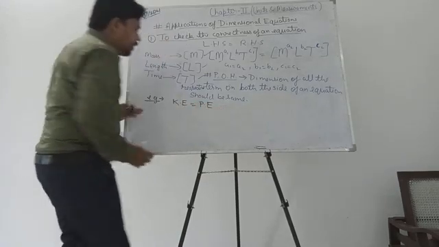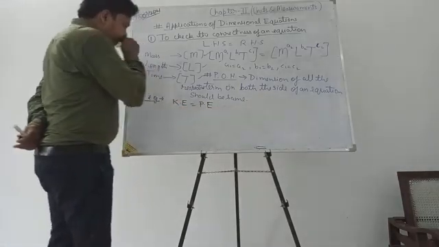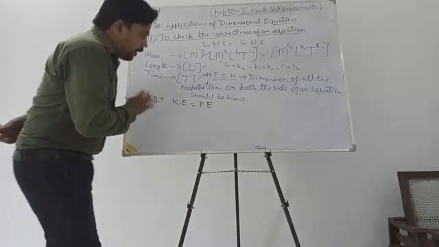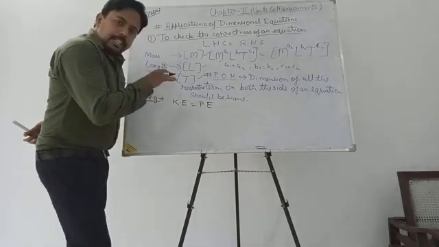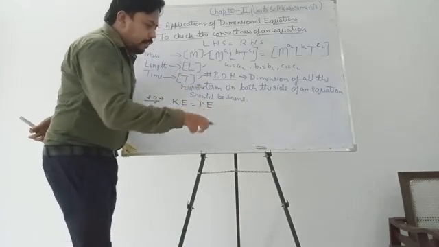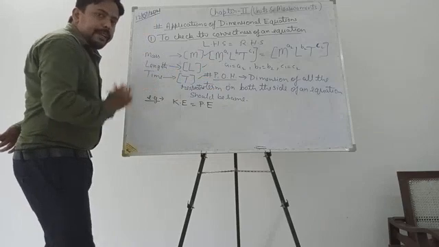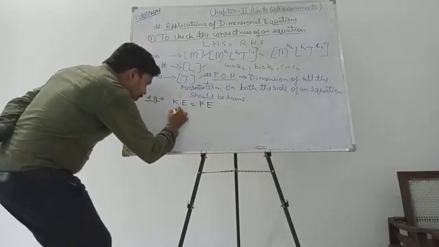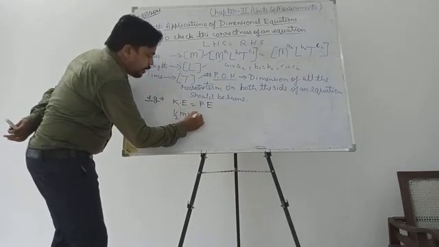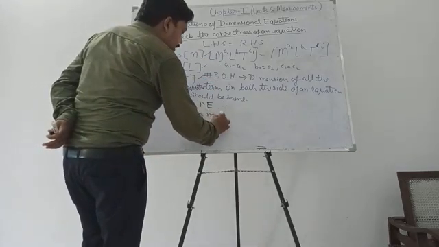I have denoted kinetic energy by K.E. and potential energy by P.E. We know that if a body of mass m moves with a velocity v in a certain direction, and if a body of the same mass has been raised to a certain height, then the kinetic energy formula is half mv squared, and the potential energy is expressed as mgh.